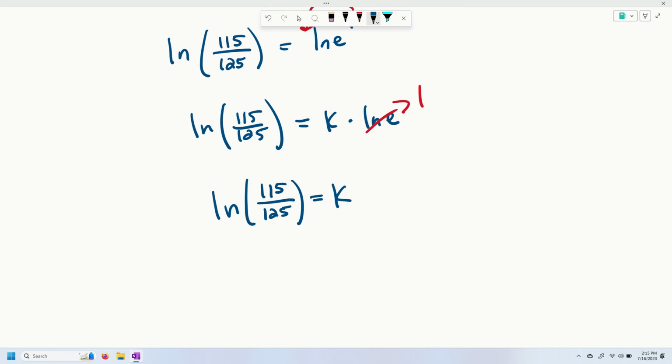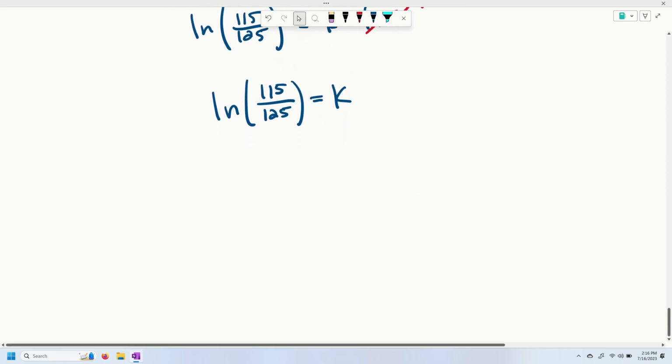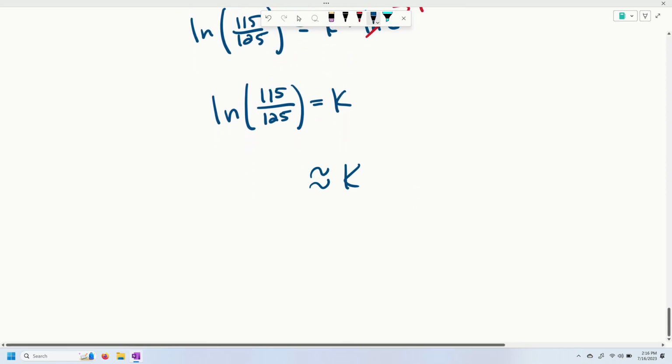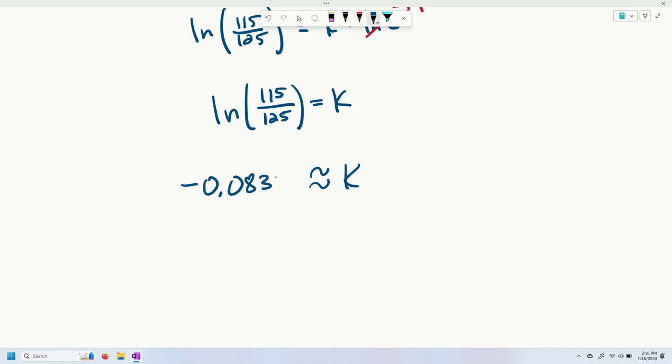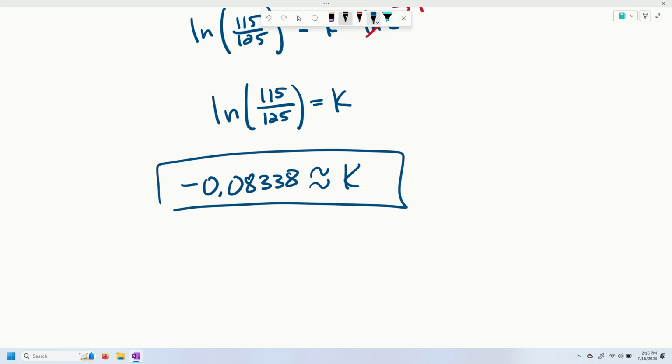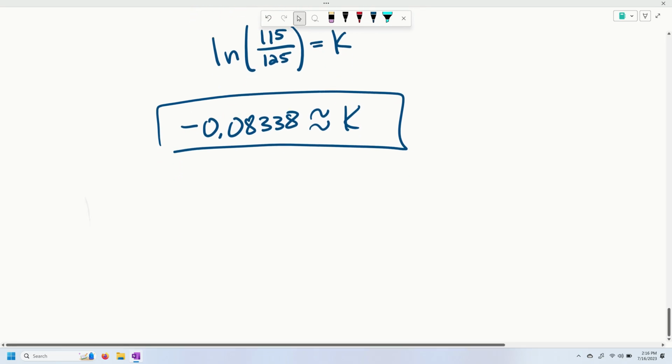And I am doing this calculation on my calculator, but you can't see that. So I end up coming up with k is approximately negative 0.08338, rounded to 4 decimal places. So at the end of the day, here's what we have.